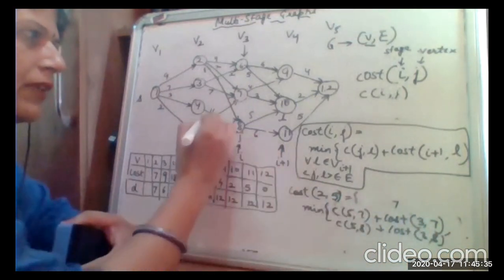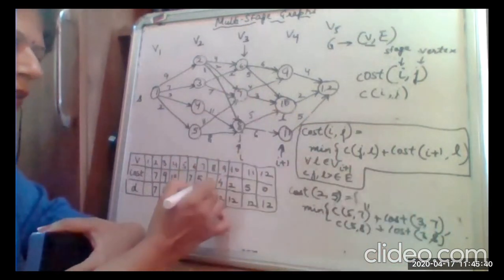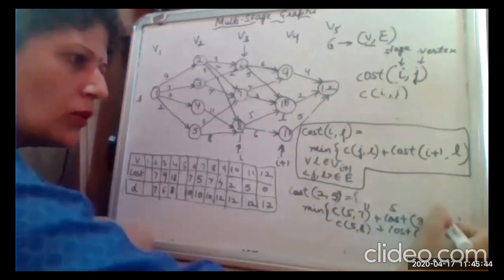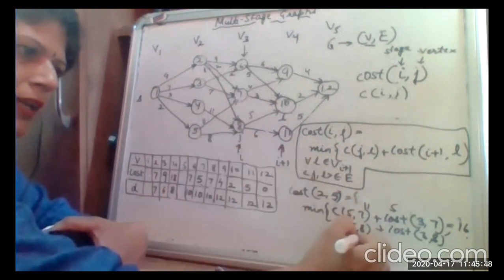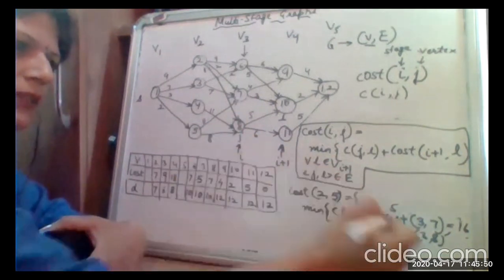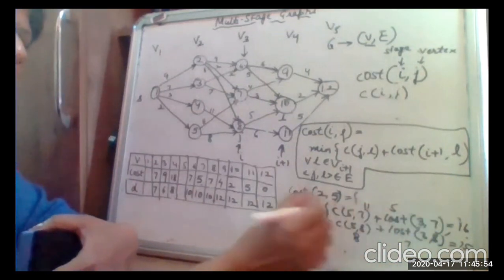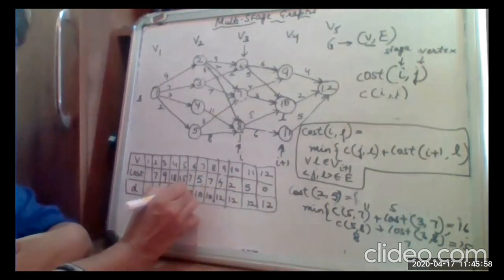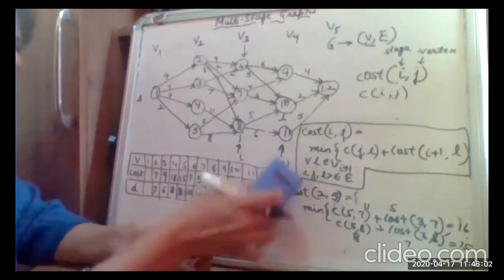So 5 to 7 is 11, and cost of the seventh vertex at the stage 3 is 5. So this is equal to 16. 5 to 8 is 8, and the cost for the eighth vertex is 7. So this is equal to 15. So the minimum value out of 16 and 15 is 15, and this is because of the vertex 8. Yes, so this is done.